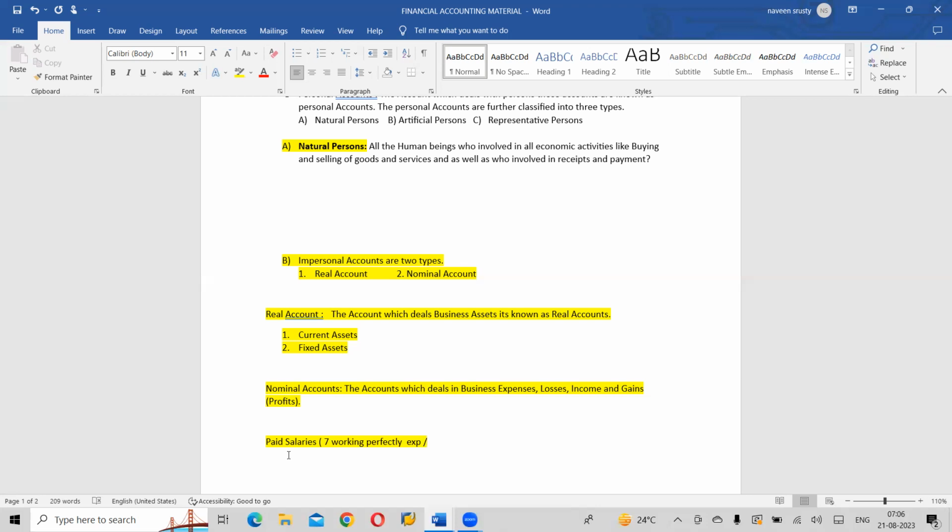Then that 30,000, am I getting any return benefit from it? No. So those 3 employees' salaries will become a loss.